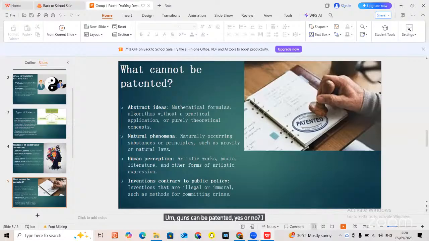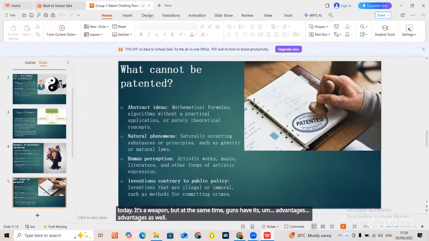I would like to believe that it borders on the intention of the person that created guns. Obviously we know that guns have gone against public policy today, it's a weapon, but at the same time, guns have advantageous uses as well.